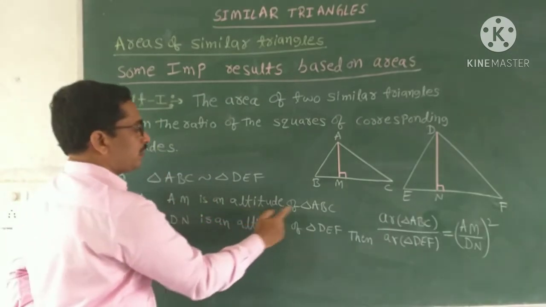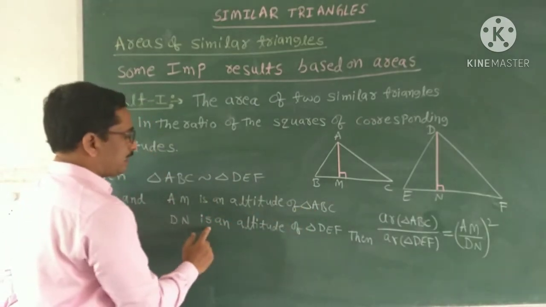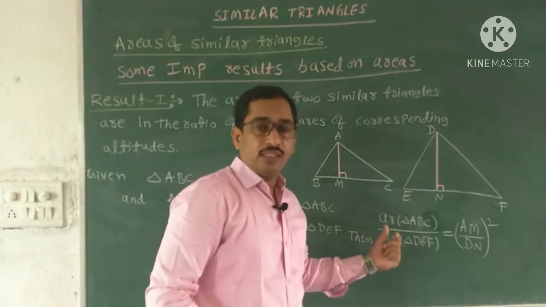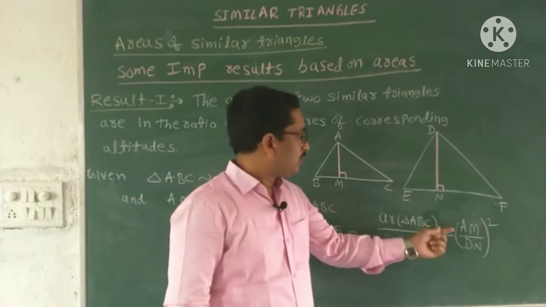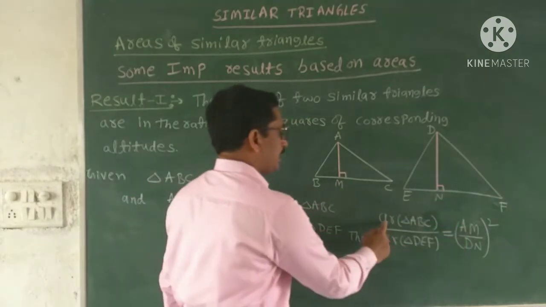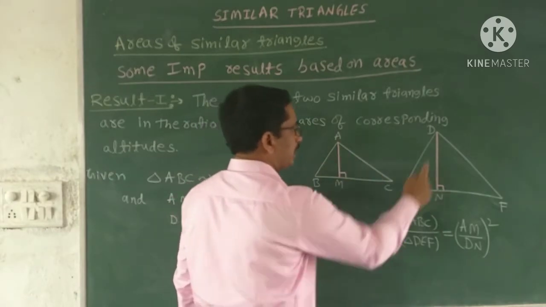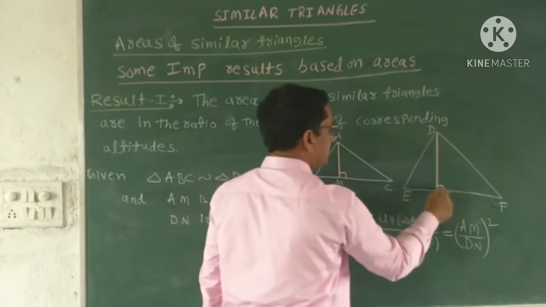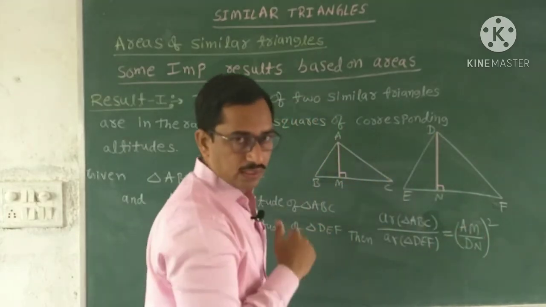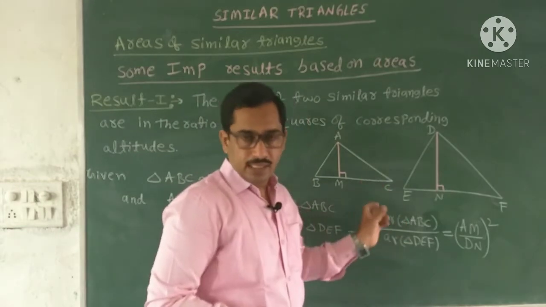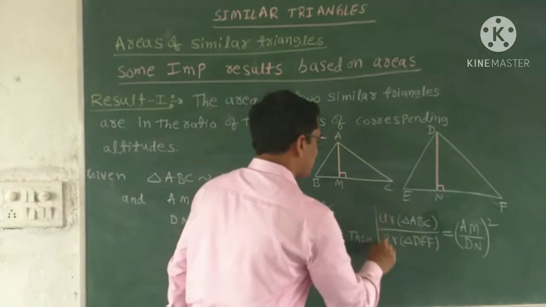Then the ratio of their areas is equal to the ratio of the squares of their altitudes. Area of triangle ABC by area of triangle DEF equals AM by DN whole square. If you know their altitudes, you can find the ratio of the areas of the given triangles. So this is an important result.